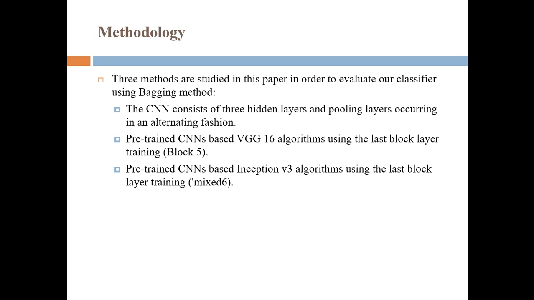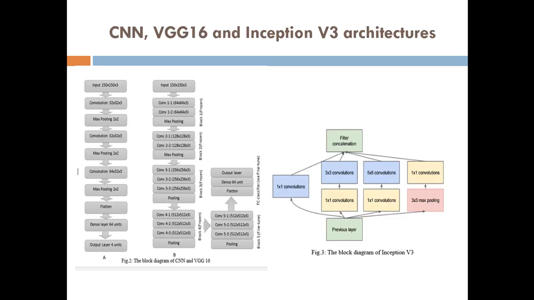The second architecture is a pre-trained CNN based on VGG16, and the third one is a pre-trained CNN based on InceptionV3. And these are the figures of the three CNN architectures.